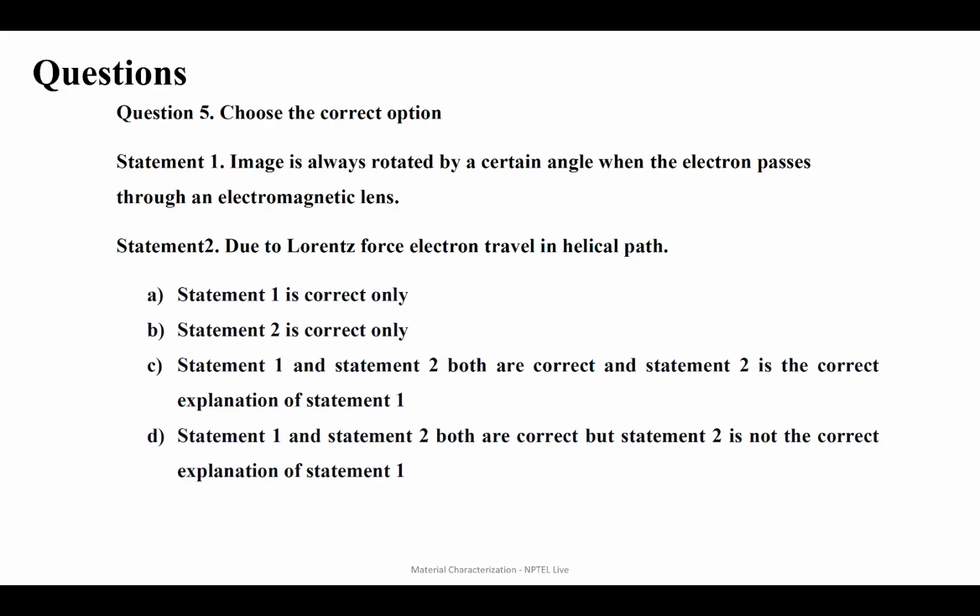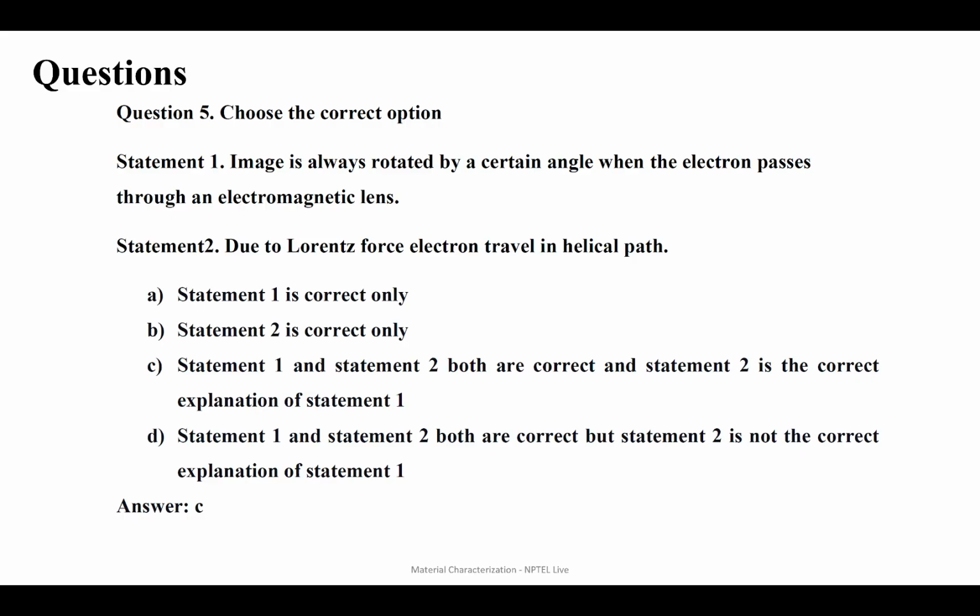Both are correct but 2 is not the correct explanation of 1. So the correct answer would be C.